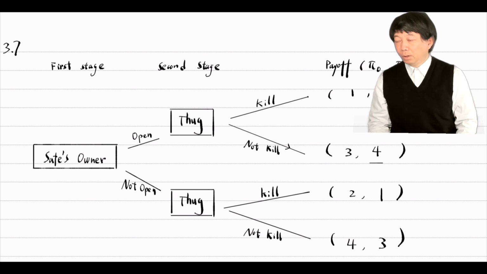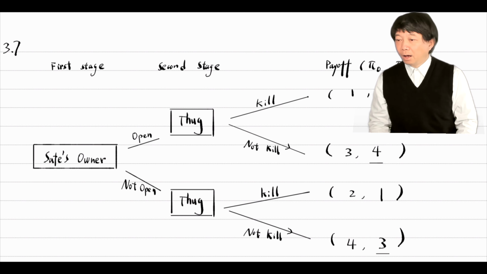Given that the owner does not open the safe, the thug's best response is still not to kill because it gives a higher payoff. We underline his payoff 3 and add an arrow on the path. We see that the thug's strategy is not to kill, regardless of the safe's owner's decisions.